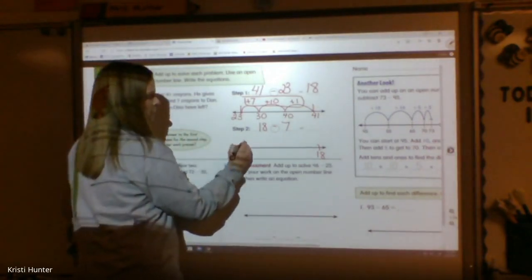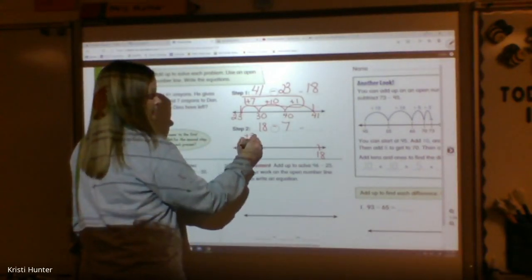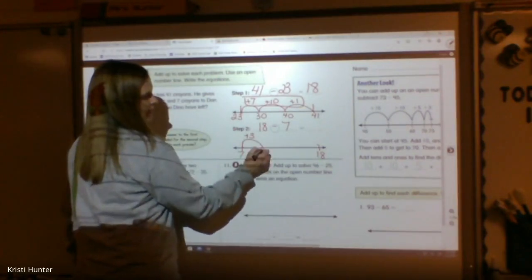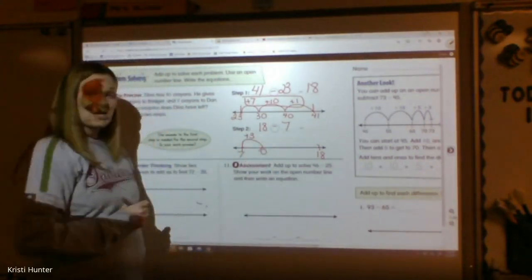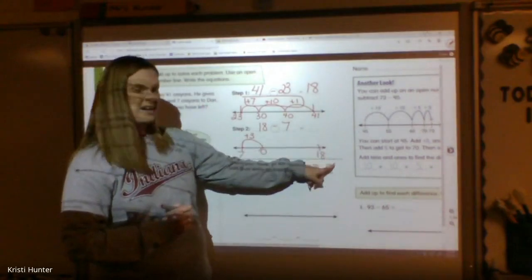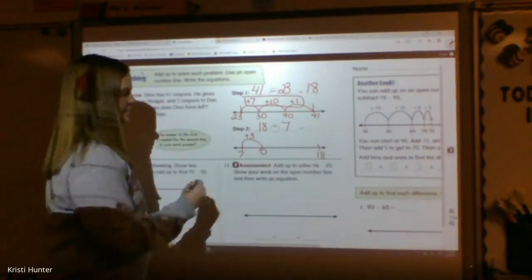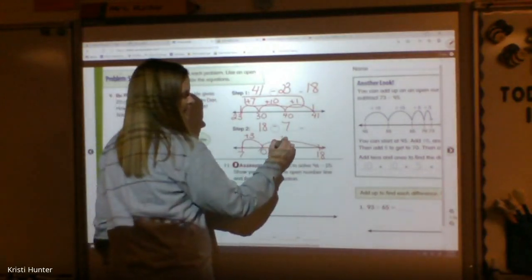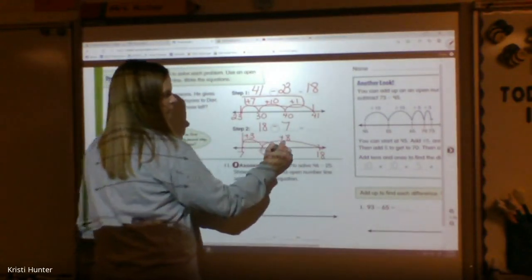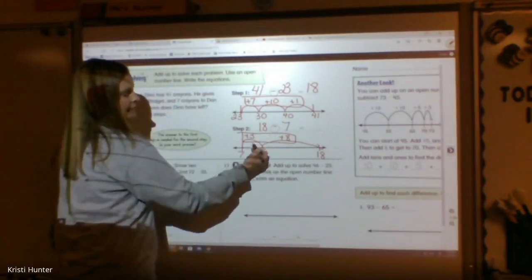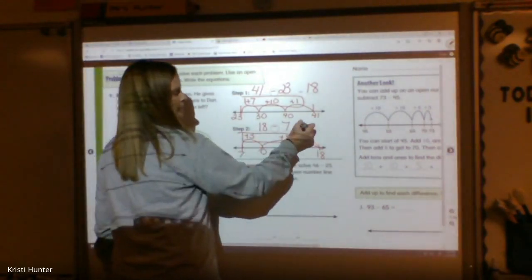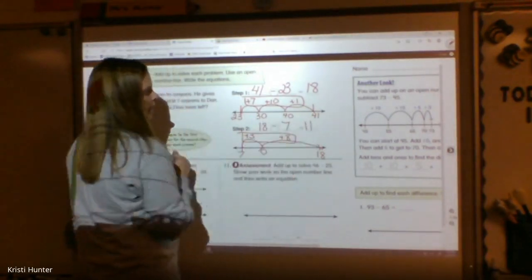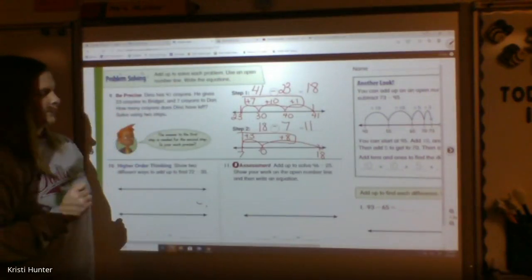I need 3 more to get me to 10. I can't jump 10 more. That would take me to 20, which is bigger than that 18. So to get from 10 to the number 18, I just need 8. And I'm there. What's 8 plus 3? That would give me 11. Right?